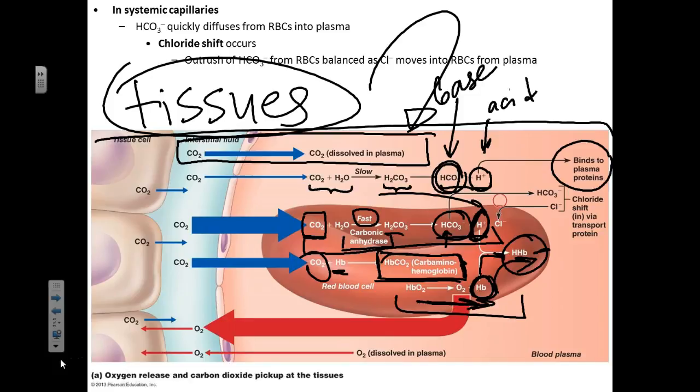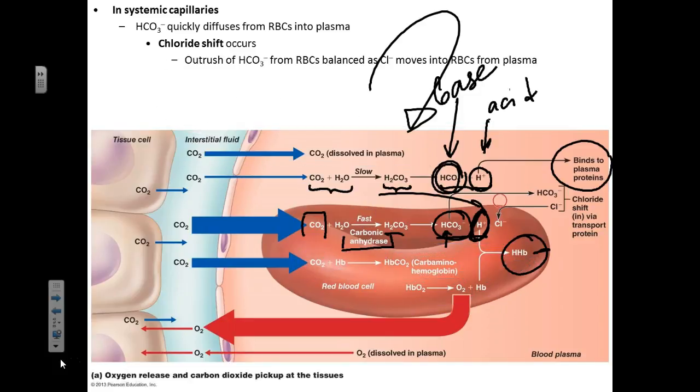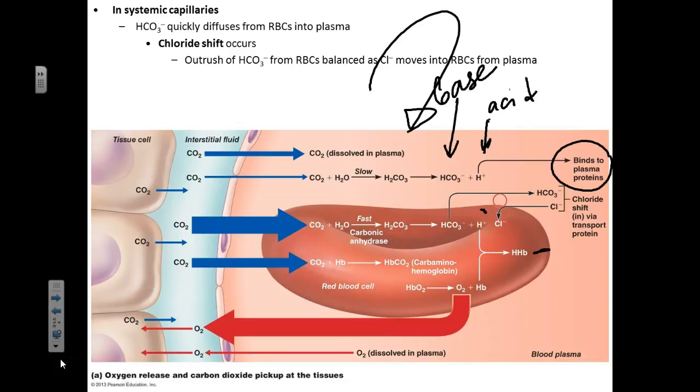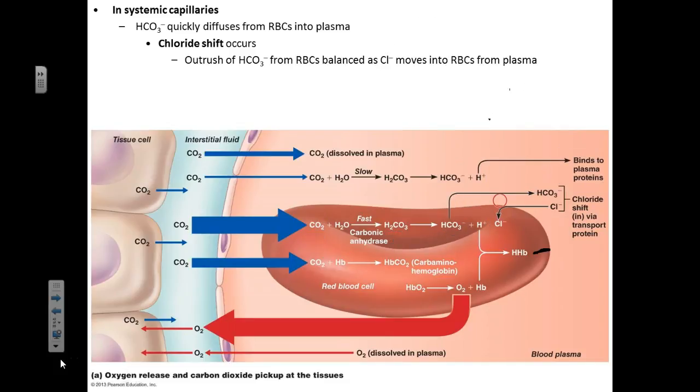So, in a nutshell, in the tissues, you have three major ways for transporting carbon dioxide, which are plasma, carbaminohemoglobin, and bicarbonate ion.